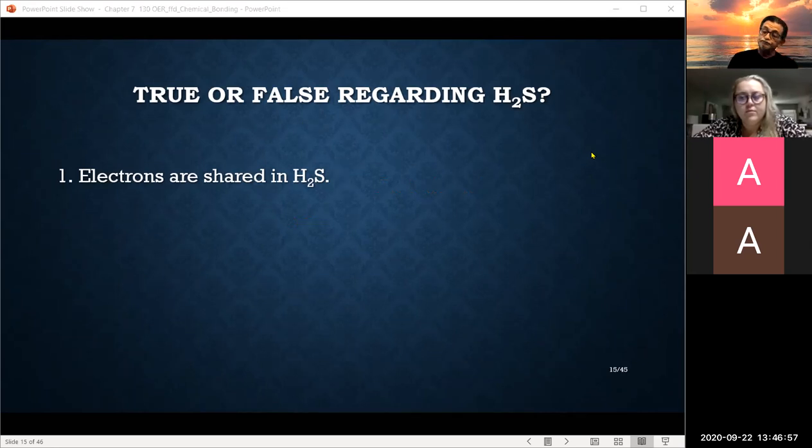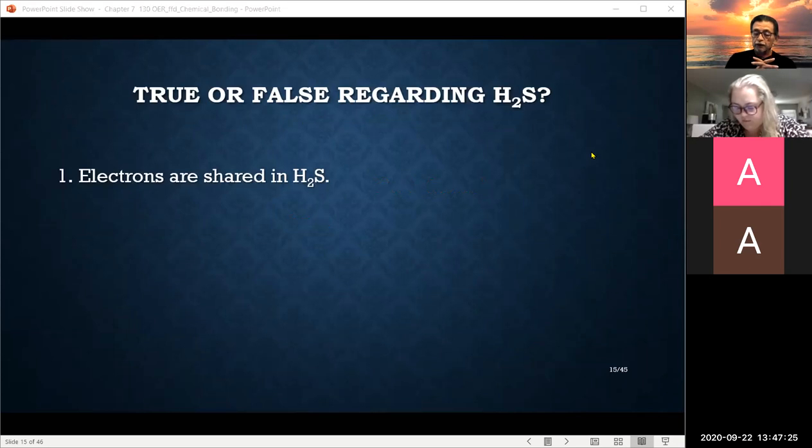Yeah, that's true, but you don't have to guess. Look at the formula, look at the atoms. You got hydrogen, you got sulfur. Is there any metal involved there? No, exactly. Therefore, it's a covalent compound. Therefore, all electrons are shared in a covalent compound.